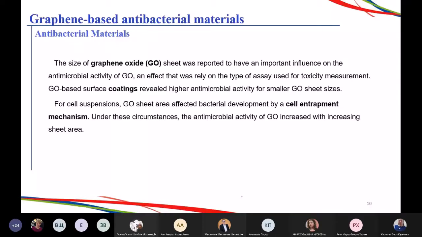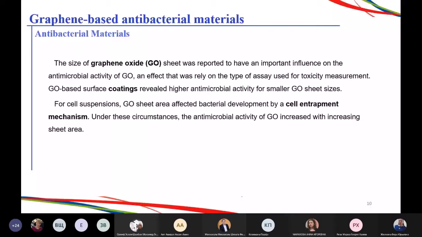Graphene oxide-based surface coatings revealed higher antimicrobial activity for smaller graphene oxide sheet size. For cell suspensions, graphene oxide sheet area affected bacterial development by a cell entrapment mechanism. Under these circumstances, the antimicrobial activity of graphene oxide increased with increasing sheet area.